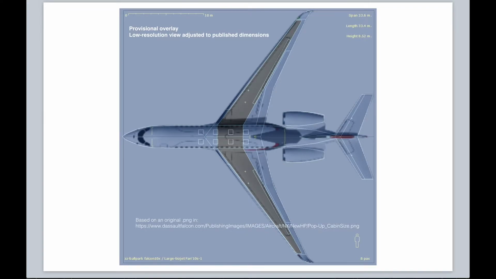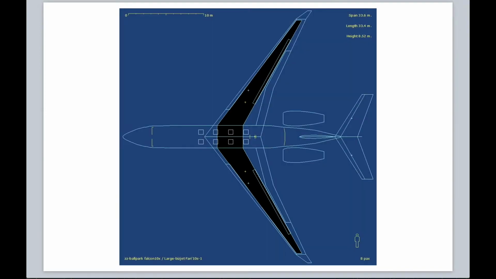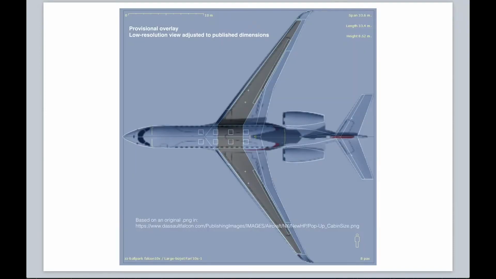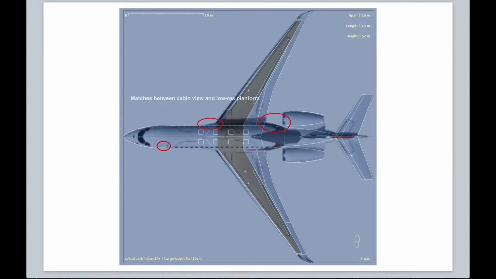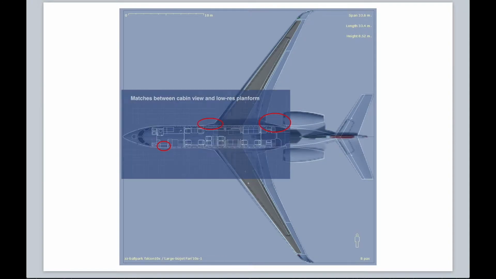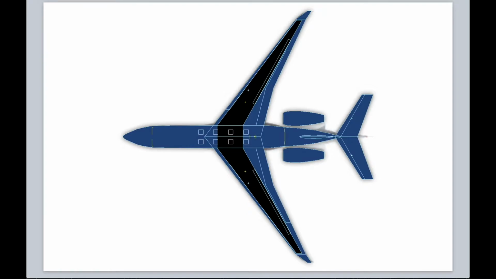Even so, everything you see here remains an assessment of the geometry and is not the manufacturer's position. So we have the Piano view, the low-resolution overlay, a cabin overlay, some known dimensions, some clear match points between low resolution and high resolution, and Piano view again.